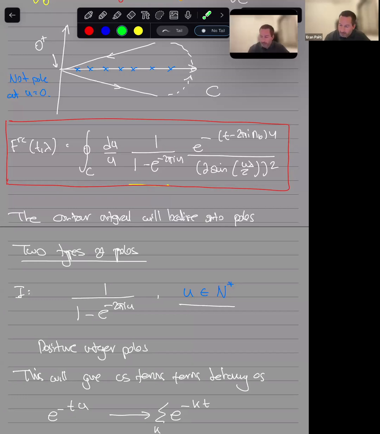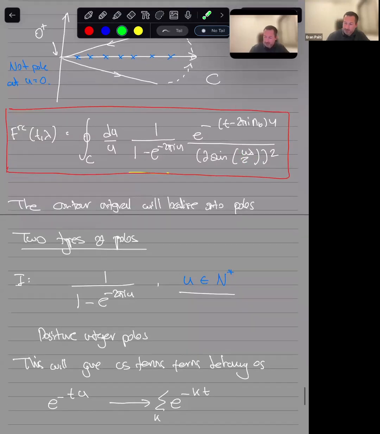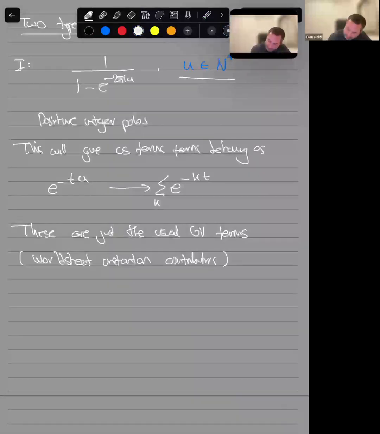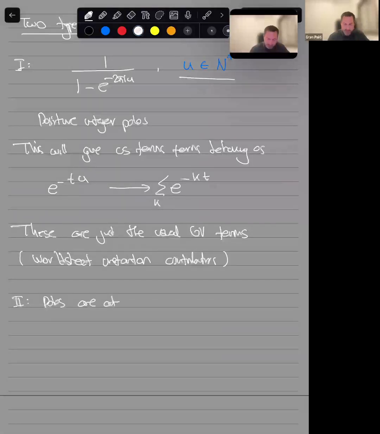Okay, but the crucial point is that we have new poles now, because you see that we have these poles in the sine here along the real axis. We have new poles, type 2 poles, at u equal to 2 pi over lambda times a positive integer.